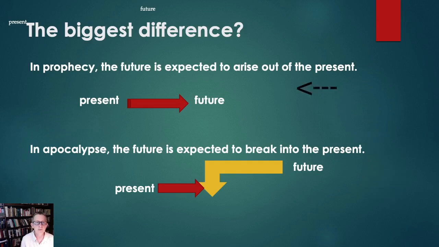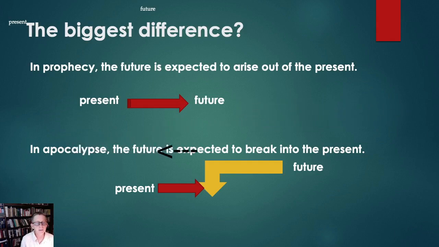The biggest difference between prophecy and apocalypse is how the present relates to the future. In prophecy, the future is expected to arise out of the present as normal history goes. Here's the present, and we're living through history, and then we will reach the future, and then there will be another future out ahead of that.